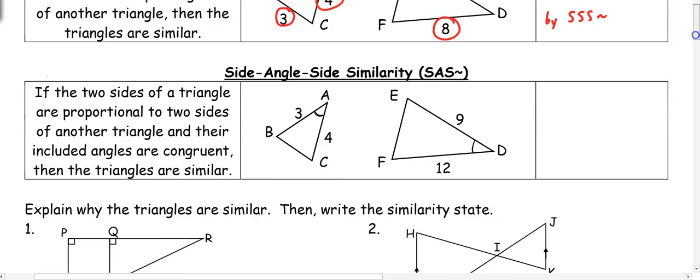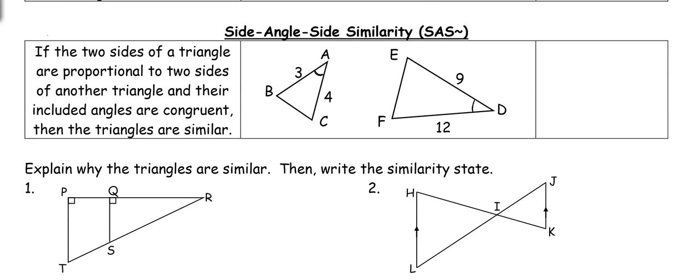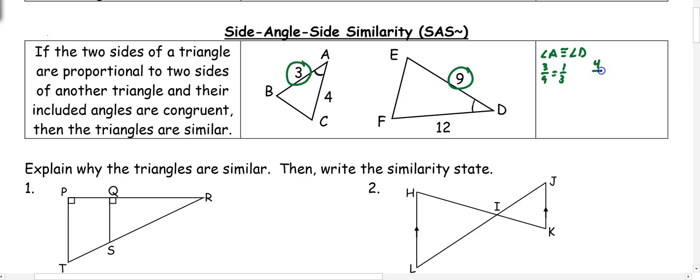The last type of similarity then is side-angle-side. In side-angle-side, it's going to have one set of angles that are congruent and then two sets of proportional sides that are touching the angle. So basically the sides that form that angle. In this case, we have that angle A is congruent to angle D. We're going to see that 3 over 9 reduces to 1/3, and 4 over 12 also reduces to 1/3.